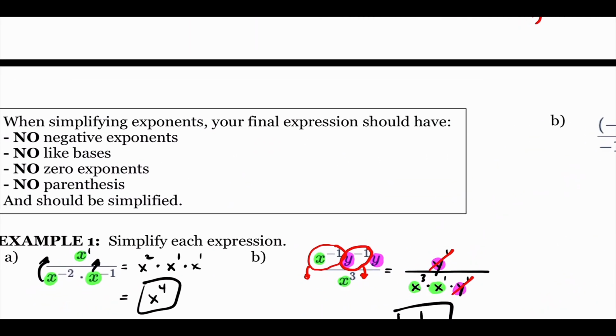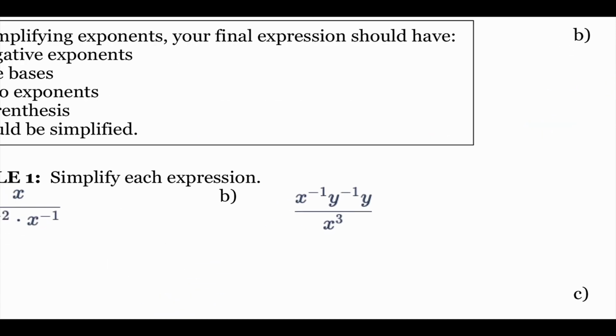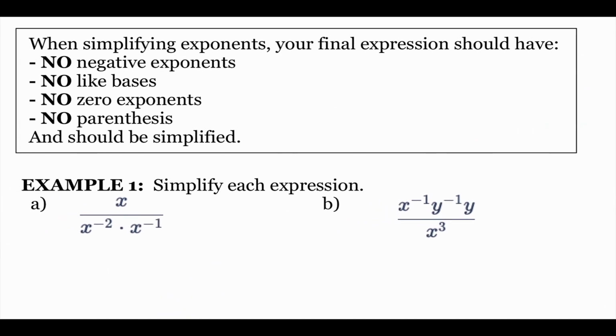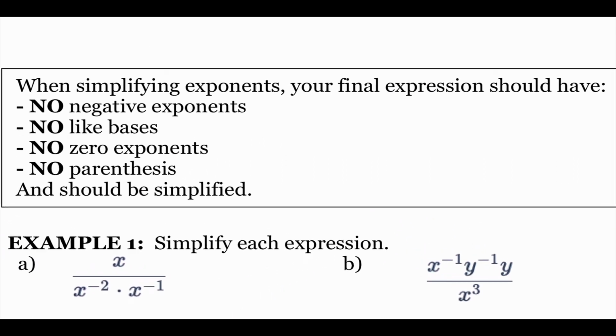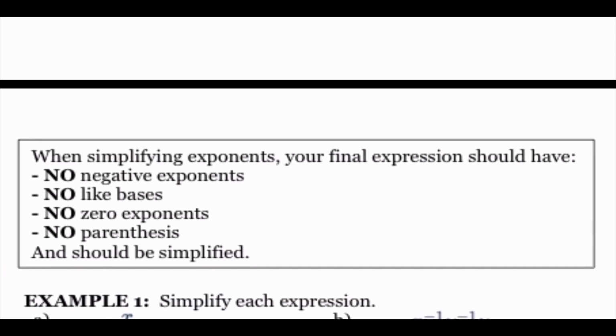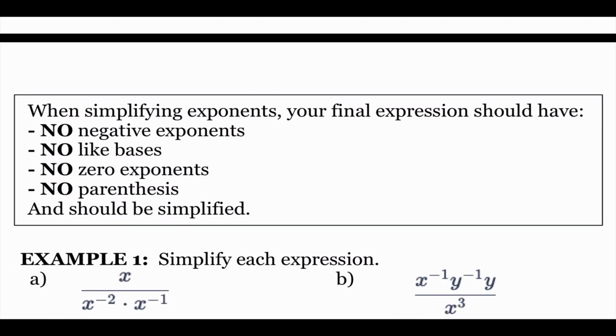Okay, so here we go. Let's go to the back, or the inside. You're going to see the word simplify a lot. Simplify exponents. What does that mean? Well, when you have exponents, our finished answer can't have negative exponents. If we have negative exponents, we have to change them. Move them to the top, move them to the bottom.